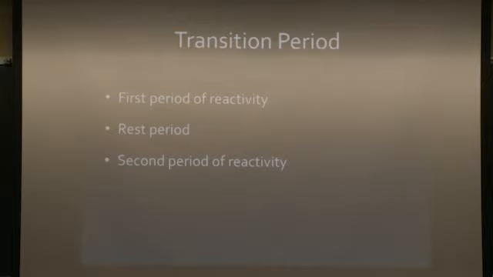This is followed by a rest period where the heart rate falls to a baseline of 100 to 120. The neonate usually sleeps at this time, and this period can last from 60 to 100 minutes. That is followed by a second period of reactivity, which occurs 4 to 8 hours after birth and can last from 10 minutes to up to several hours.